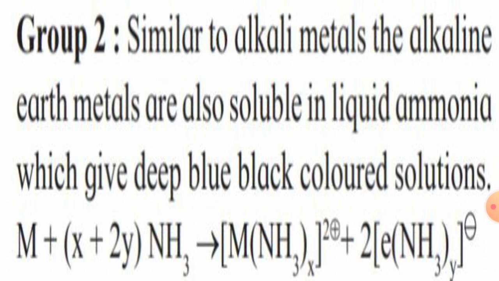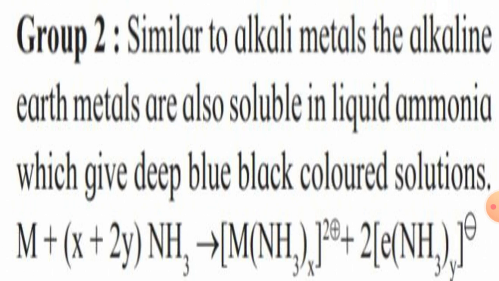Let's move forward towards group 2. Similarly, alkaline earth metals are also soluble in liquid ammonia. Alkali metals, when treated with liquid ammonia, are soluble and give deep blue color. Alkaline earth metals are also soluble in liquid ammonia and give a deep blue-black color solution.